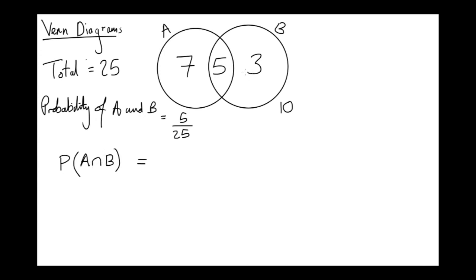So what's the probability of it being this 5 in between these two circles? The way I like to think about it is A and B, it's a bit like salt and pepper. It's a bit like an N to stand for 'and'. So the probability of A and B is this middle section here, the 5.